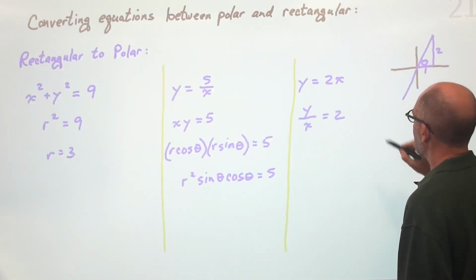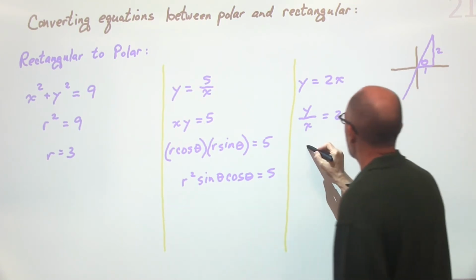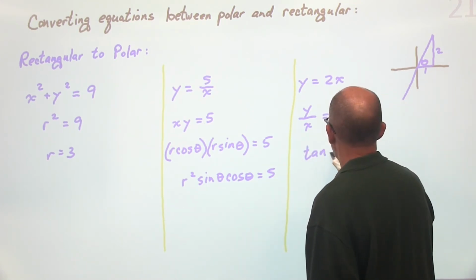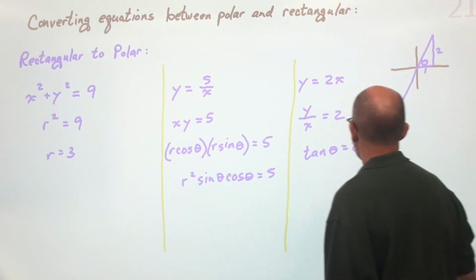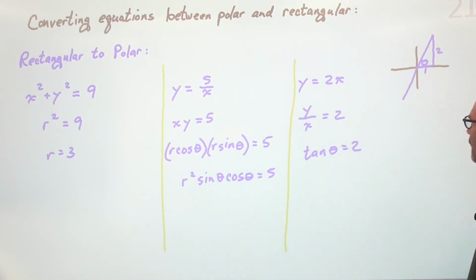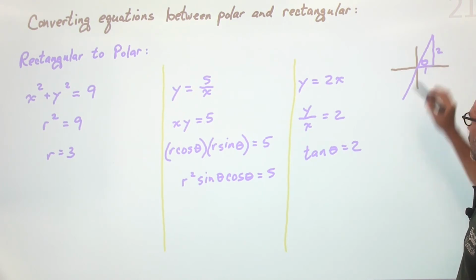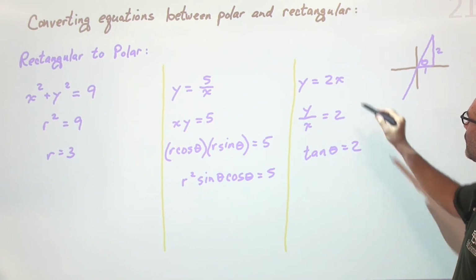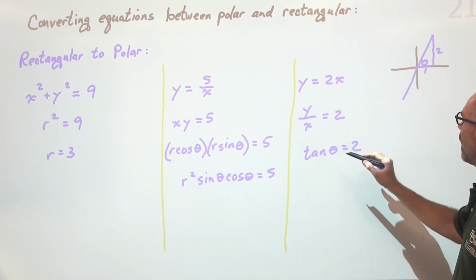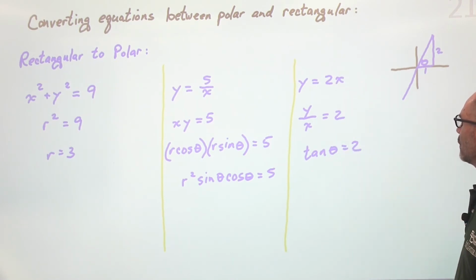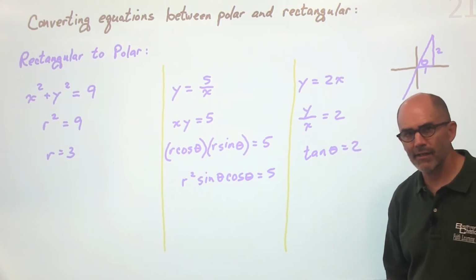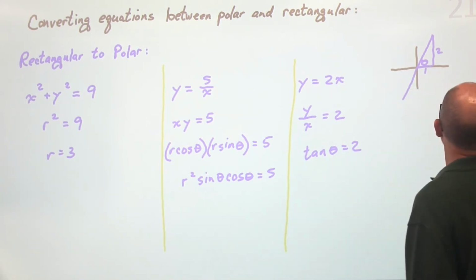So if I go back to here, then I have tangent theta equals 2. So tangent theta is the slope of the line. So if you know the slope is 2, then you automatically just say tangent theta is 2. Bam, that's it.